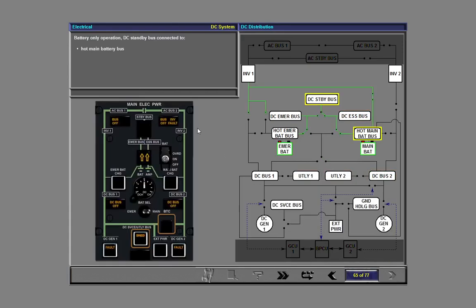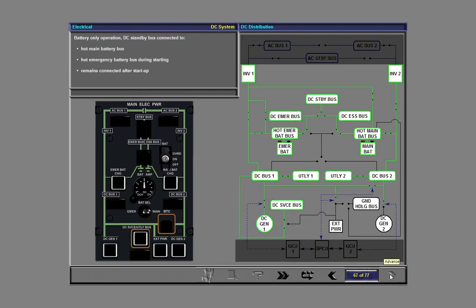In battery-only operation, with the battery toggle switch in the on position, the DC standby bus is connected to the hot main battery bus. It is connected to the hot emergency battery bus during the starting sequence, and remains connected after startup.